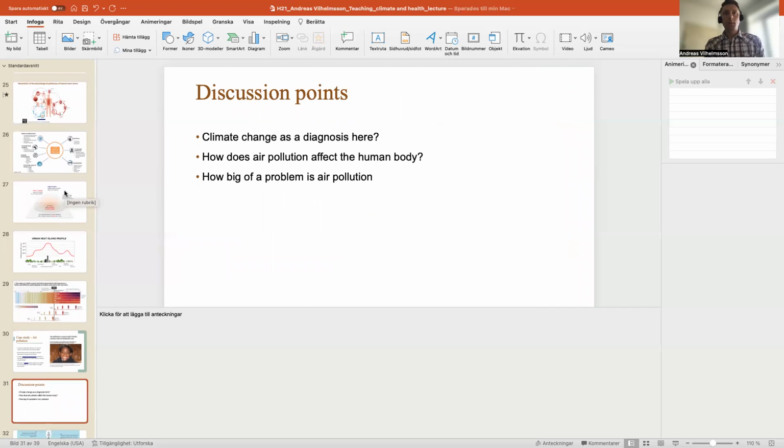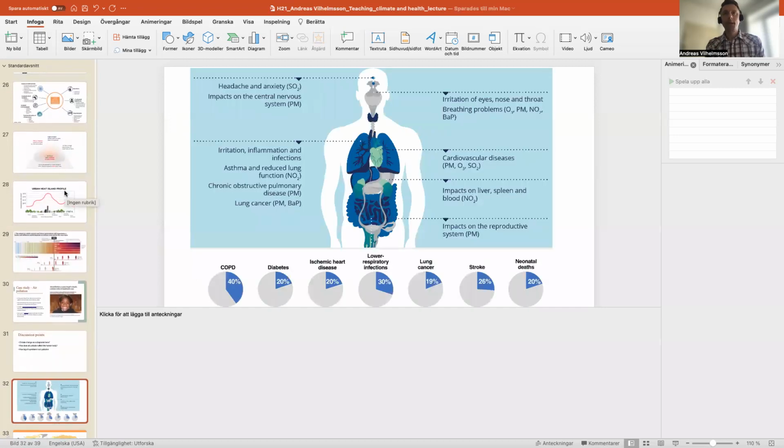And in this case, there are several questions one can have, but for instance, here it's very important to look at, in this case, it's with air pollution, but in some regards, it could also be climate change as a diagnosis. It's a very important question to discuss, but also look at how air pollution in this case affects the human body, and how big of a problem air pollution is.